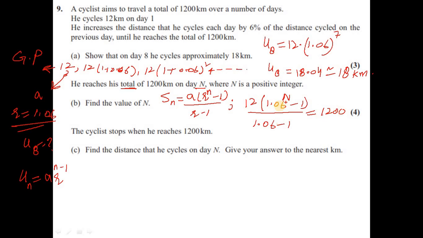So this 12 and this 12 is gone, so 100, and 1.06 minus 1 is 0.06, and 0.06 goes on the other side, multiplied with this 100.